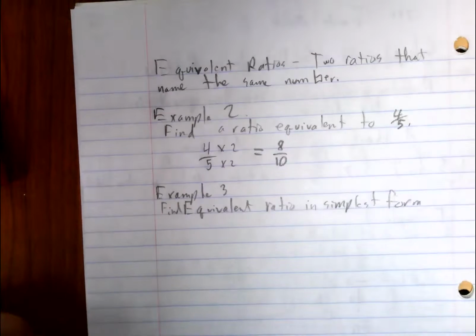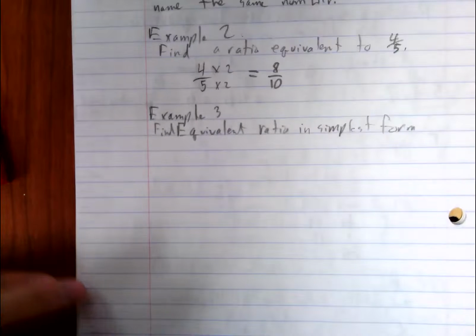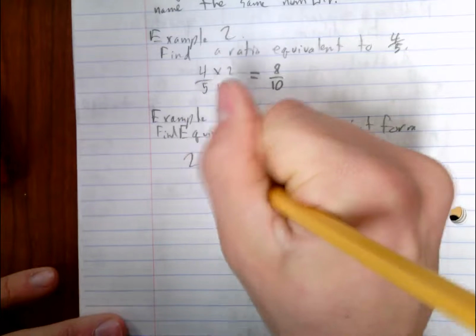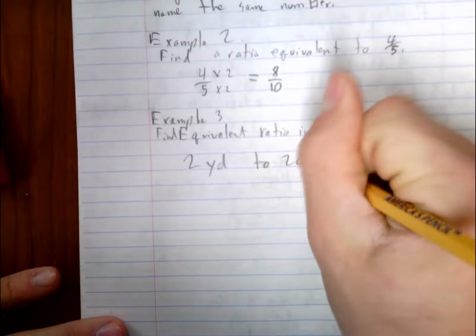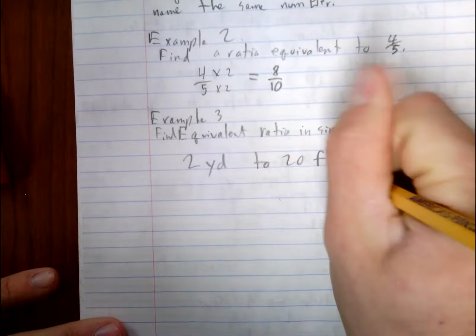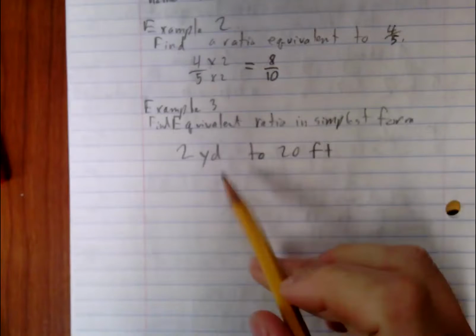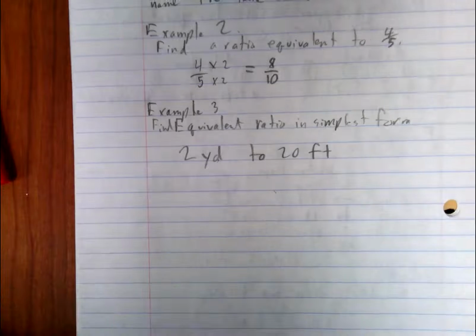The ratio that they give us is 2 yards to 20 feet. You always have to be careful when they give you labels, because they may mean something different.